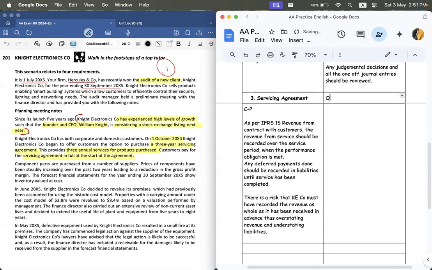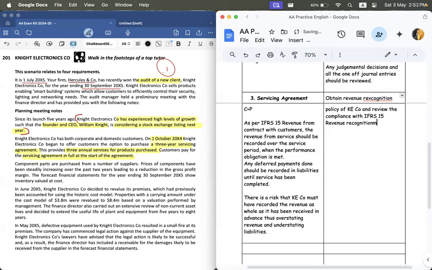So we are going to write that. Obtain revenue recognition policy of Knight Electronics Company and review the compliance with IFRS 15. IFRS 15, revenue recognition.